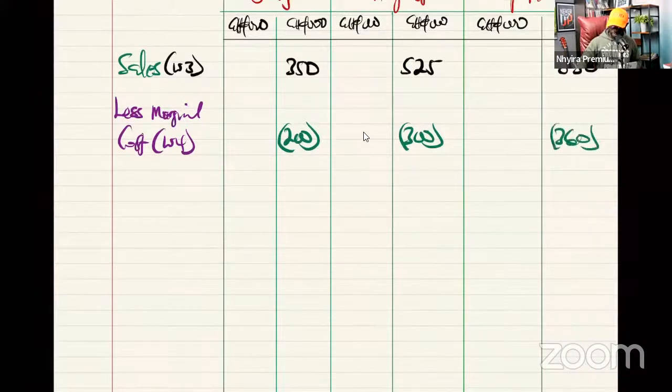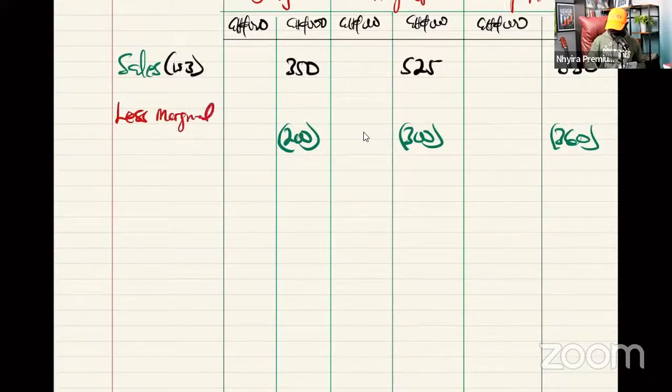So to be specific, let's rewrite this as less of marginal factory cost, and that's coming in from workings 4.